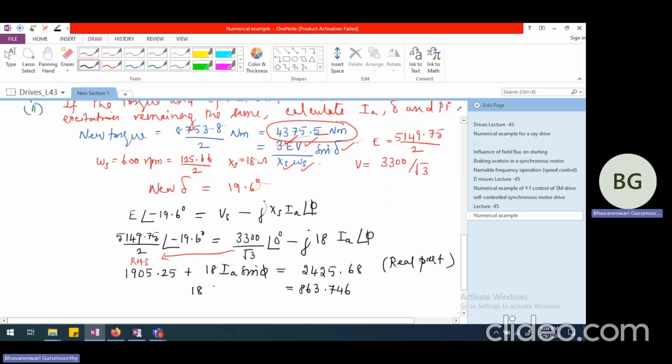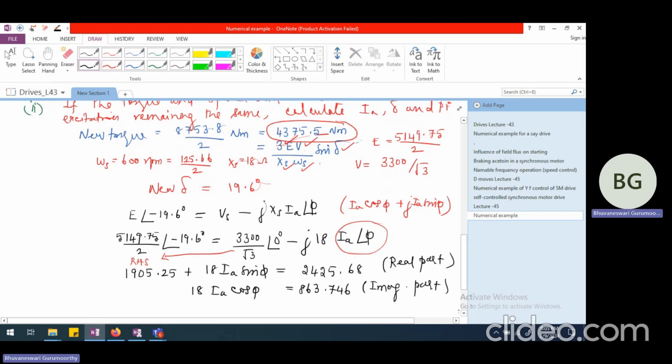Ia sin phi. We are just writing Ia angle phi equal to Ia cos phi plus j Ia sin phi, and we are just segregating the real part and imaginary part. So this is the imaginary part.